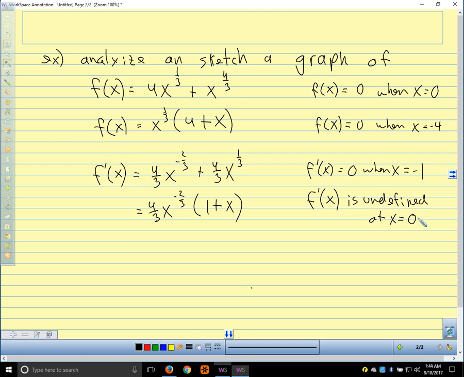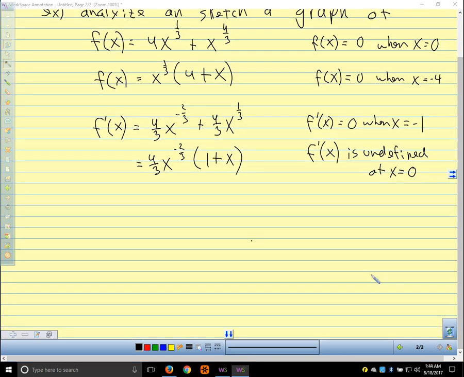So when our first derivative, our slope, is undefined, we could have a vertical tangent, or we could have something really crazy happen. We could have a cusp where there's no slope, not a unique tangent. All right, so now we have a couple of critical points here. What's our next step?